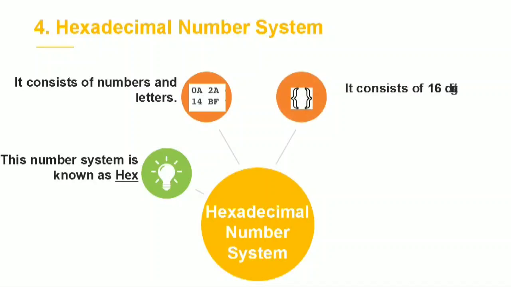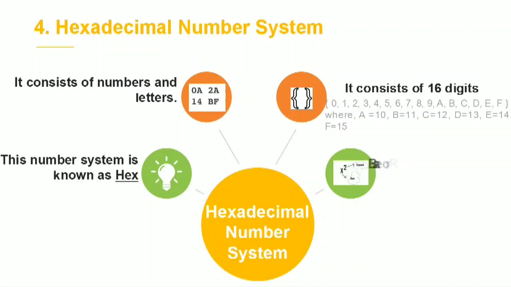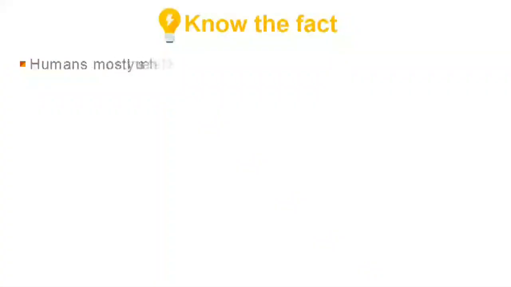It consists of 16 digits, that is from 0 to 9, and letters A to F, where A is equal to 10, B is equal to 11, C is equal to 12, D is equal to 13, E is equal to 14, F is equal to 15. As it consists of 16 digits, so the base of the hexadecimal number system is 16. So what is the base of this number system? 16.